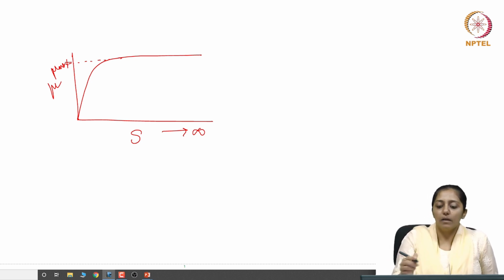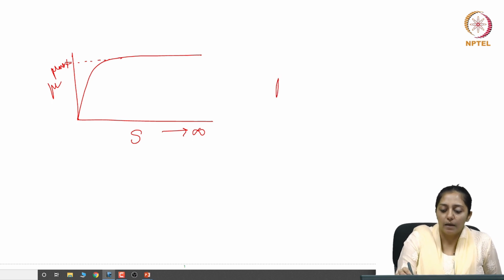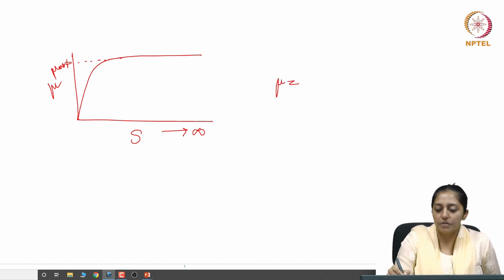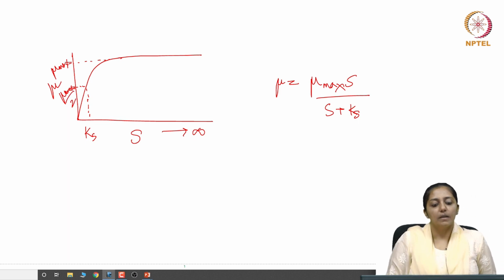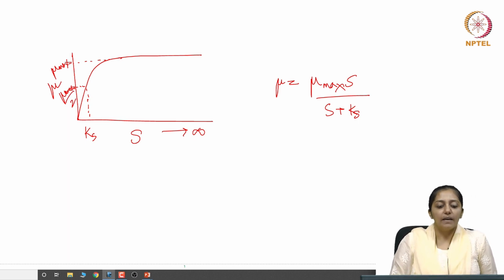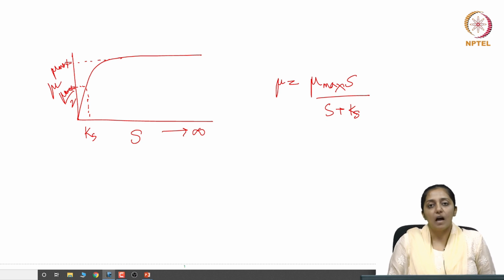And what we call in Monod's model as Ks, which is called Monod's saturation constant, its value mathematically is that substrate concentration at which mu becomes equal to mu max by 2, half of its maxima.